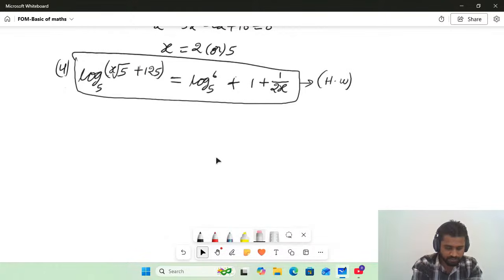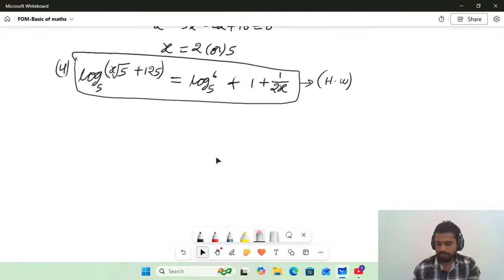So what is the answer for this homework question? Can anyone tell me what values of x will satisfy this logarithmic equation? I gave this homework question in the previous session.